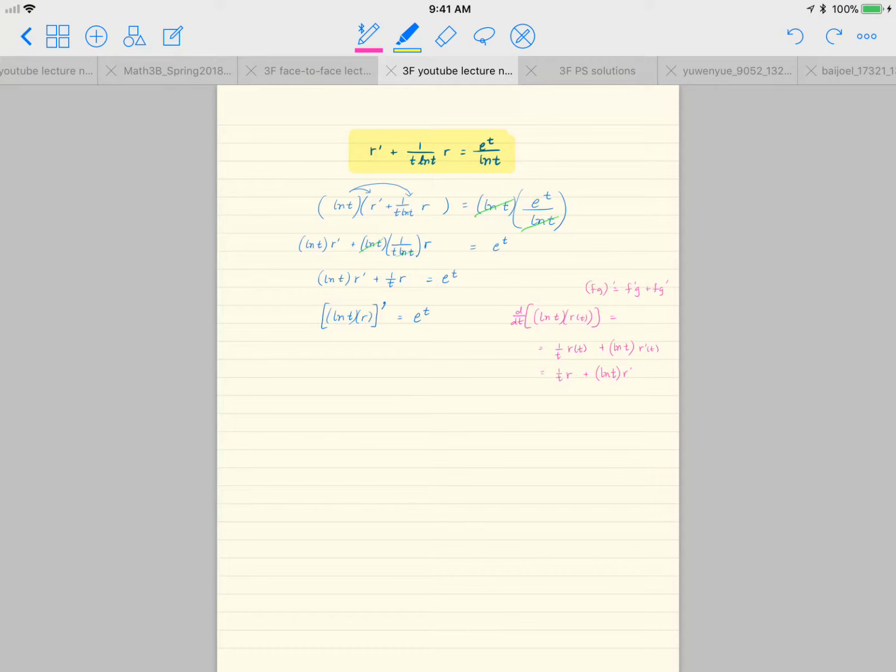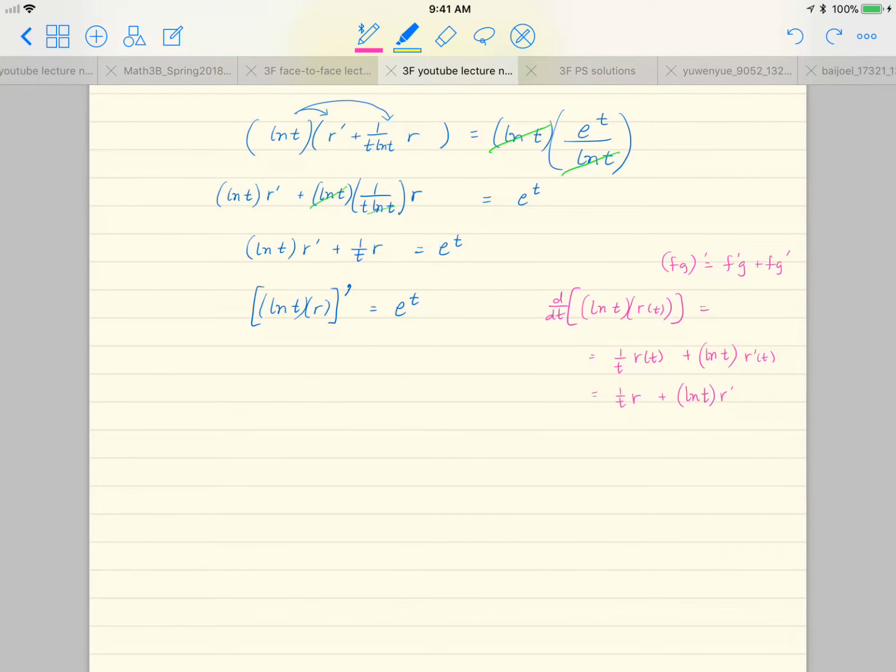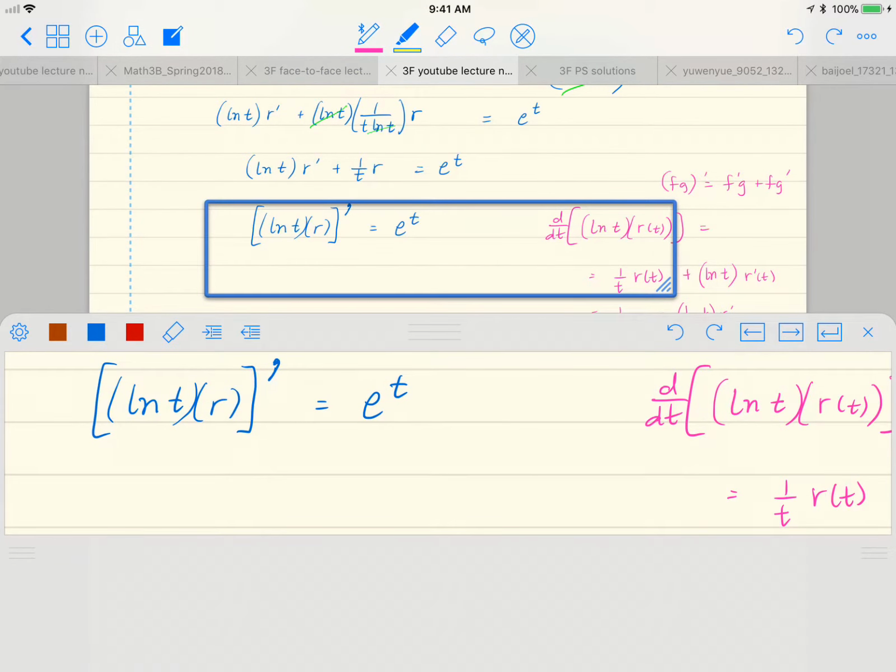Now that we know, because remember our whole goal is to solve for r. We're trying to find r. Once we know that the derivative of natural log of t times r is e to the t, we're good to go.